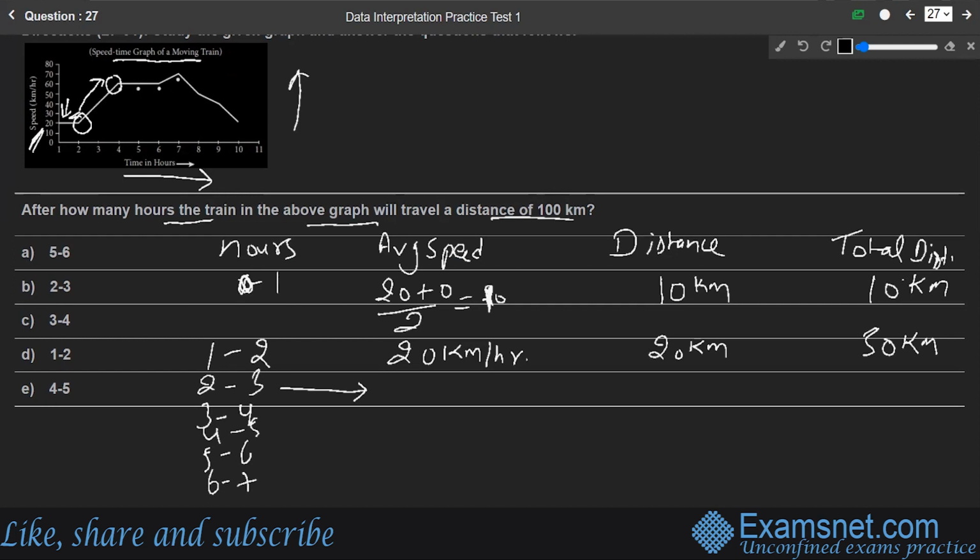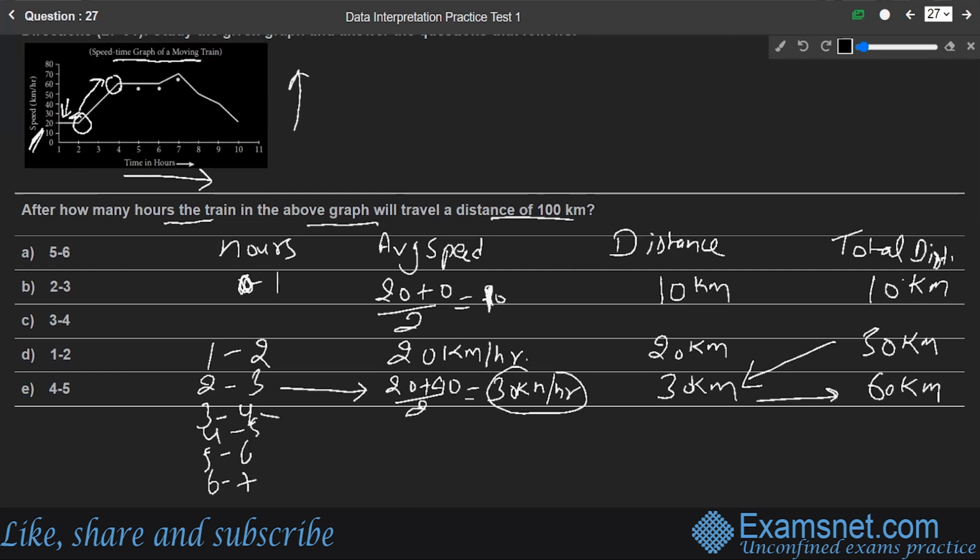So the speed starts from 20 to 40. So clearly the average speed is 20 plus 40 by 2, which is nothing but 30 kilometers per hour. That is the speed between 2 to 3 hour. So with 30 kilometers per hour, in an hour the distance traveled would have been simply 30 kilometers. Earlier the distance covered was 30. Now the distance will be 30 plus 30, making it 60 kilometers.